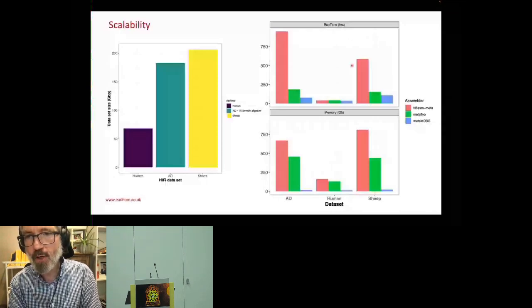On the larger, more complex data sets, we were between 5 to 10 times faster than HiFiasm-meta, maybe somewhat less improvement compared to metaFlye, but we also did really well in terms of memory required. So on the complex sheep data set, we required half as much memory as metaFlye, I think a fifth of metaFlye and a tenth of HiFiasm-meta.